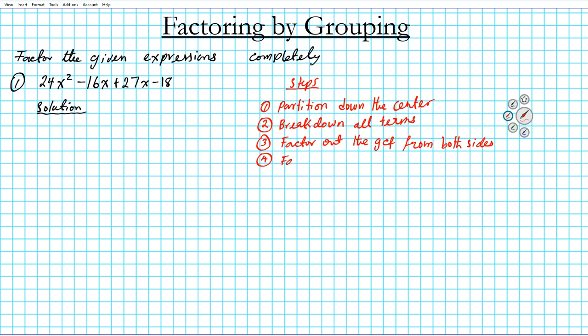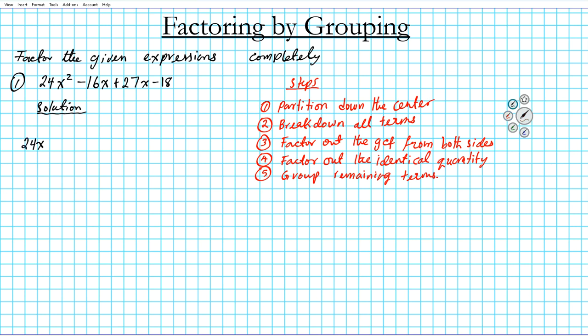So you're going to factor out the identical quantity. And then lastly, you're going to group the remaining terms. These are the steps that we're going to be using to factor this quadratic expression by grouping.